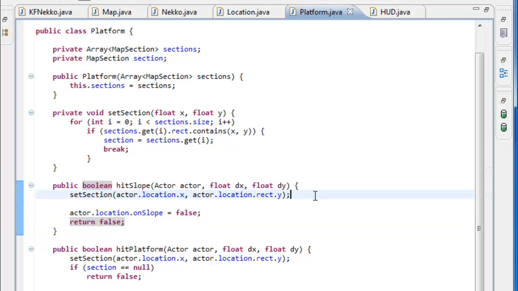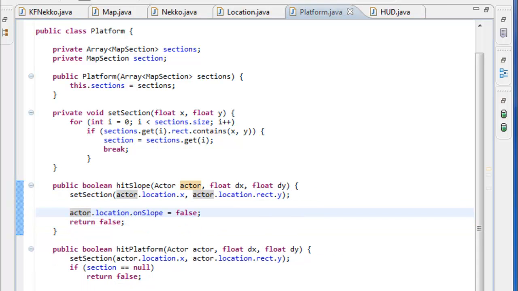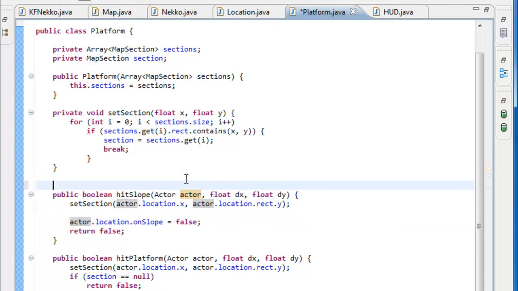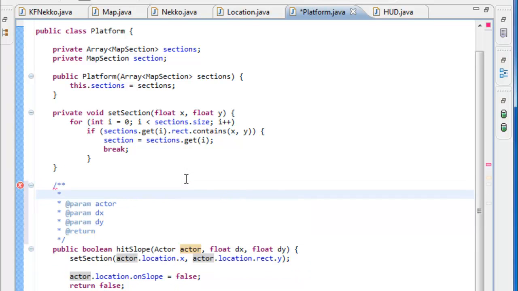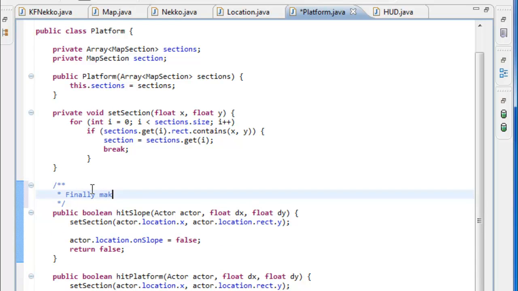Okay, now what are we going to do? Hit slope. Now we should make a comment here. We're going to finally make use of the laws of similar triangles that we learned back in elementary school.